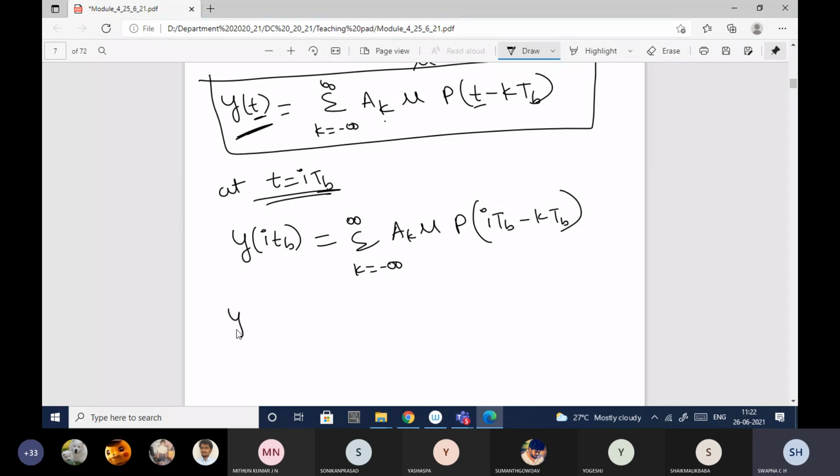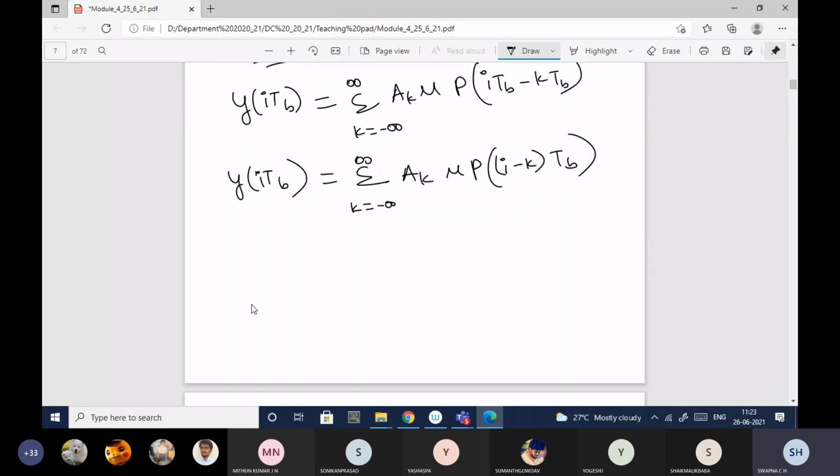So y of iTb is equal to summation k equal to minus infinity to plus infinity, ak into mu P of (i minus k) Tb. This is my y of iTb signal, my sampled version.